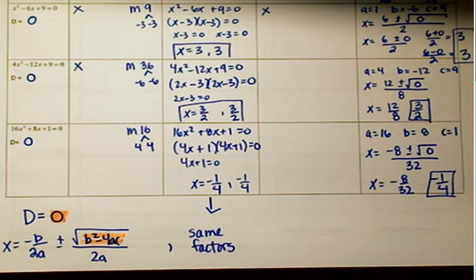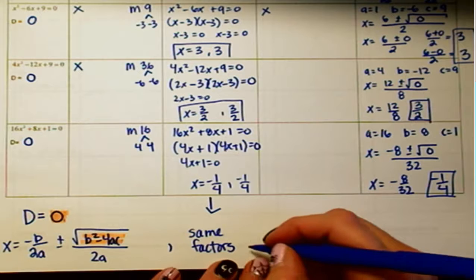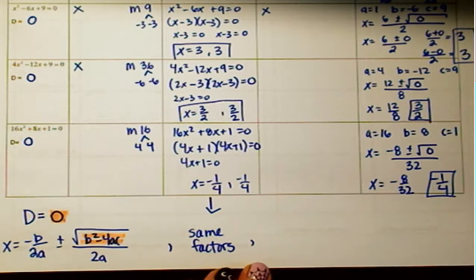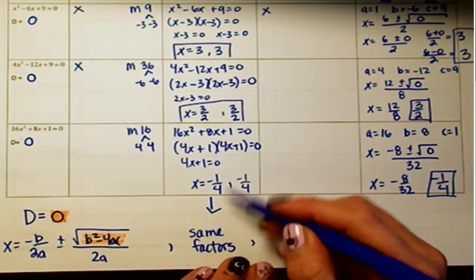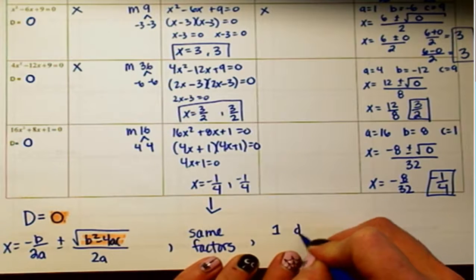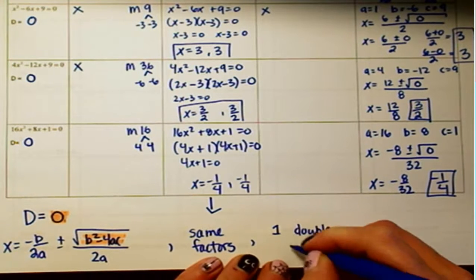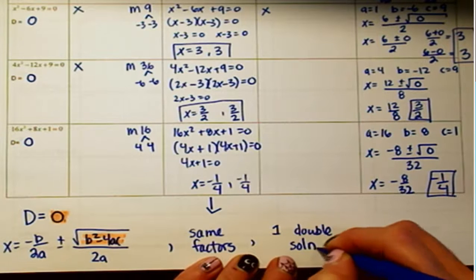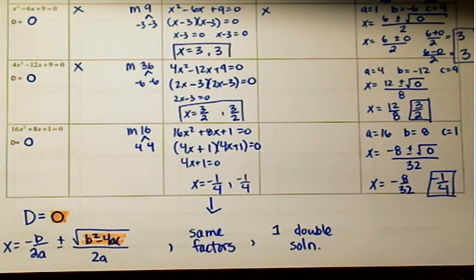I have the same factor twice here. So, same factors, so we have 1. We call this a double solution because I got the same answer twice.